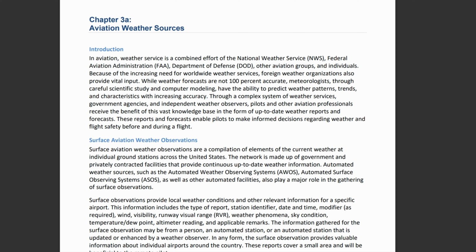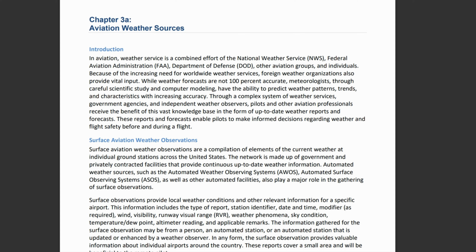Well, it's a compilation of elements of current weather at individual ground stations across the US. And this uses government and privately contracted facilities to do this. So those would be those groups and officials. We have AWOS as well as ASOS. Those are two acronyms you'll have to know. AWOS is an automated weather observation system.